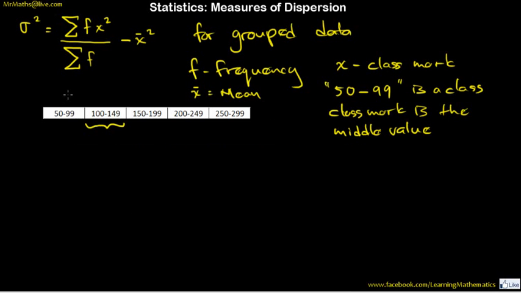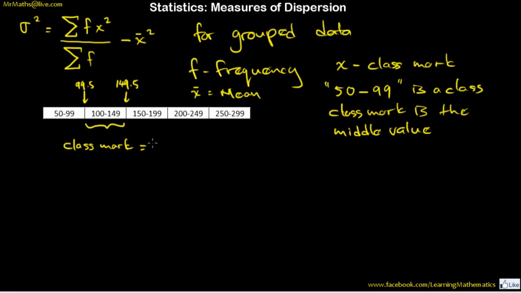The value here is between 99 and 100, so we take that as 99.5, the middle value. And the middle value between 149 and 150 is 149.5.